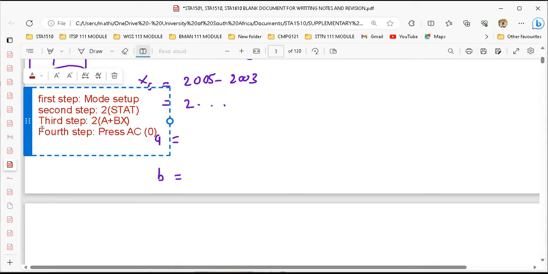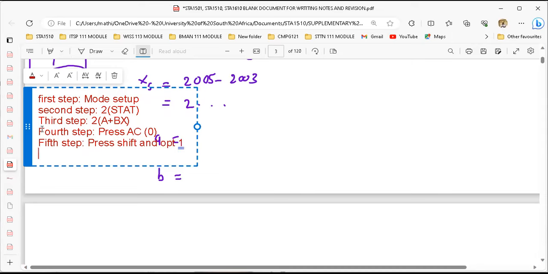The fifth step, you press Shift and option 1, meaning you press Shift and option 1.